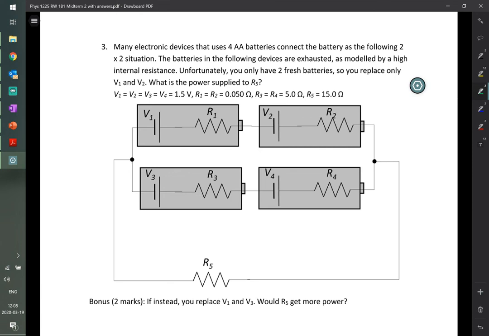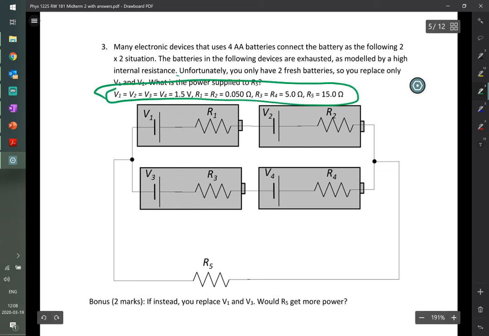So don't worry too much about the batteries being exhausted. In this case, you can think of that as just kind of context. The main thing to actually do the question is down here. What we mean as a model of a battery being exhausted is, notice how this is a low resistance.